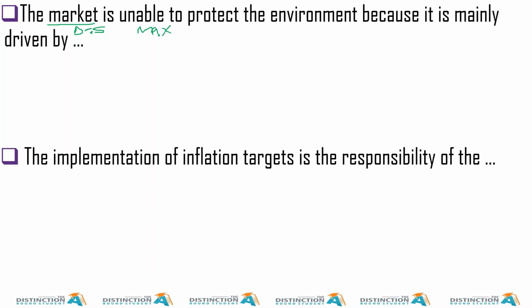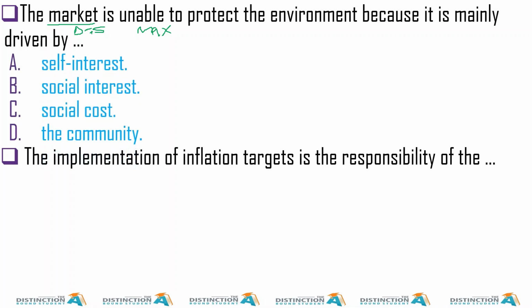So if you look at this question here, the market is unable to protect the environment because it is mainly driven by... let's see the options, but what must come to your mind is they do things for profit. So most probably if this option is there, the answer would have to be self-interest. Yes, it is there. Social interests, markets are not socially interested.